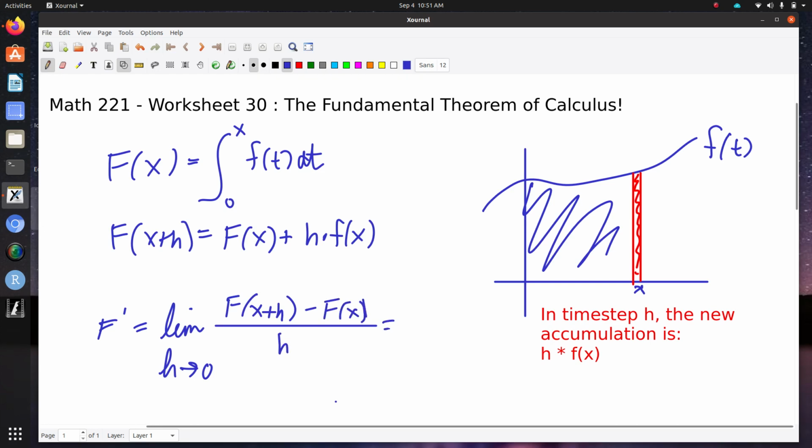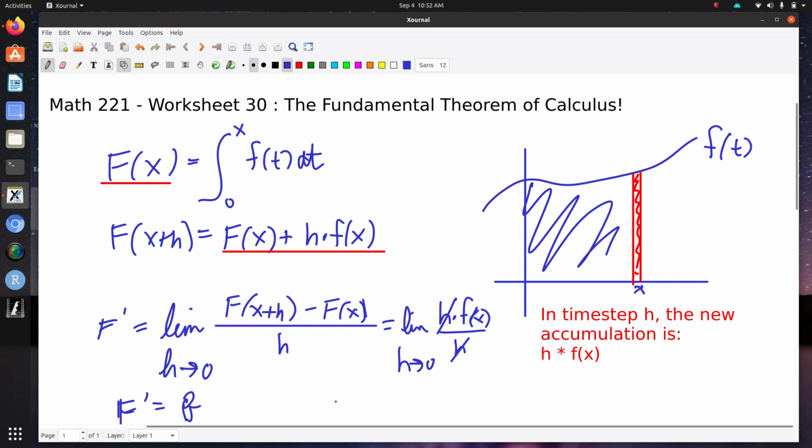But you see, F of x plus h has the F of x in it, so that cancels out. So it's going to be the limit as h goes to 0 of h times f of x, and the h is going to be down there. They cancel, and so F prime has to equal little f, okay? And that's the fundamental theorem of calculus.